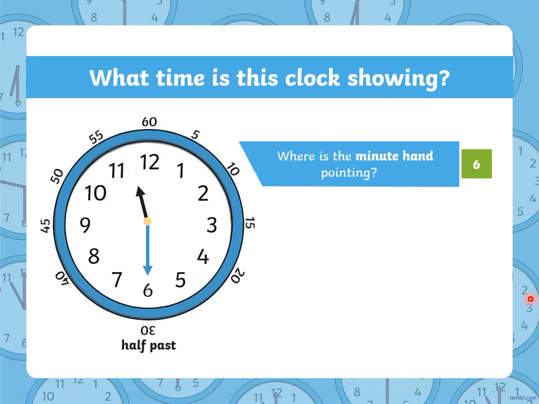So we know that it's pointing to the 6, the minute hand. Where is the hour hand pointing? Remember, the hour hand is the smaller hand. It's actually not pointing at the number. Do you know where it's pointing?